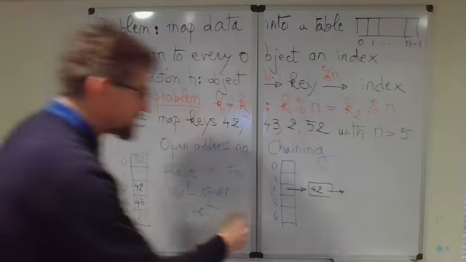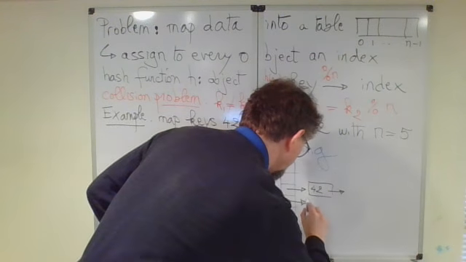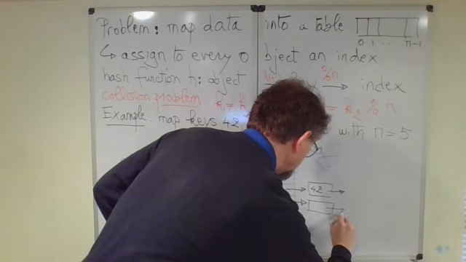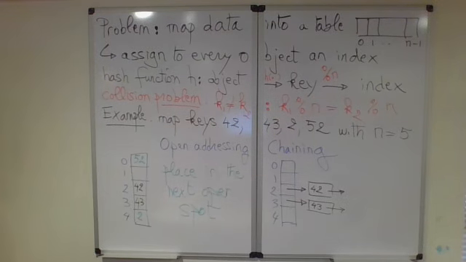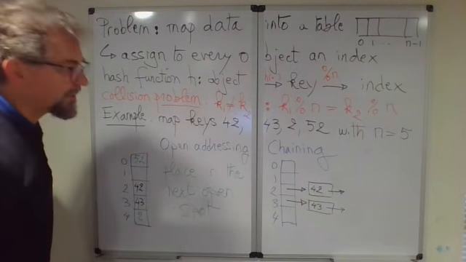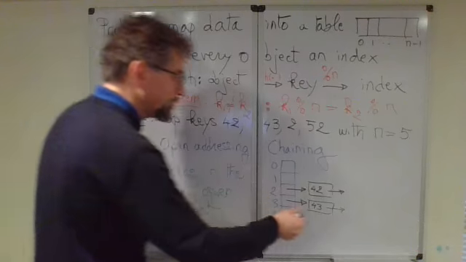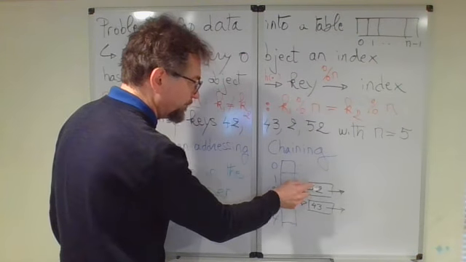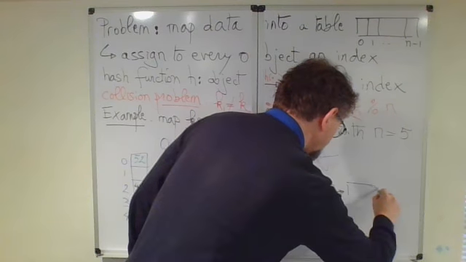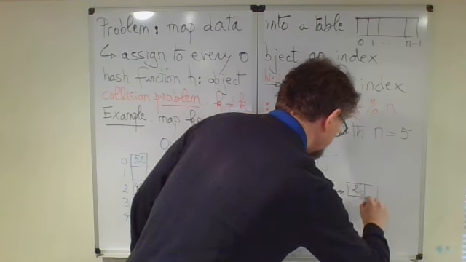When 43 comes in, we have a link, a pointer to the node 43. When 2 comes in, you already see it coming, we can just append to this list. So the spot 2 is occupied by 42, but there is space enough for just another node.